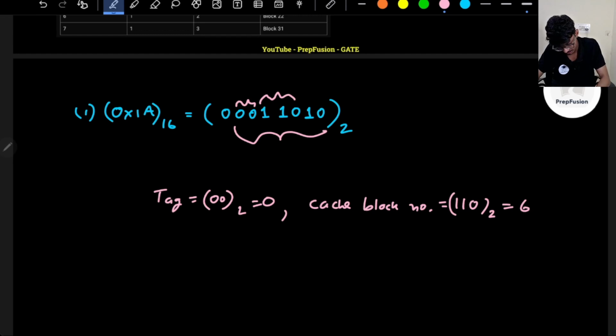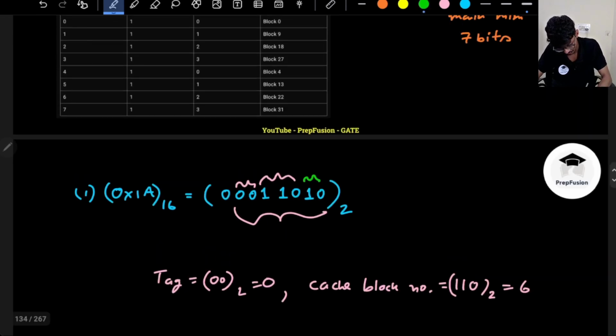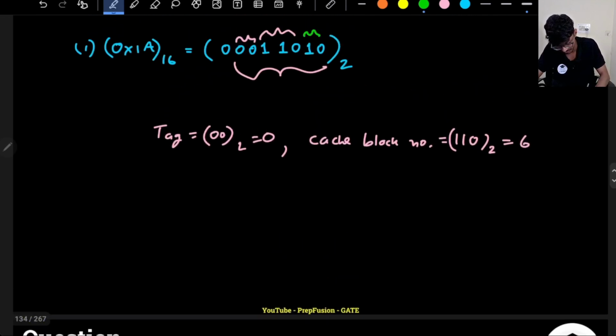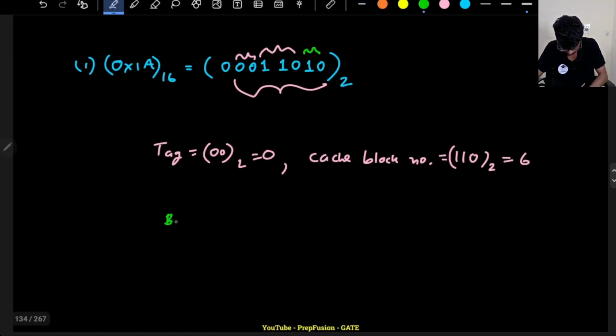Next is the last 2 bits, that is the byte offset. My byte offset is 10, that is 2.